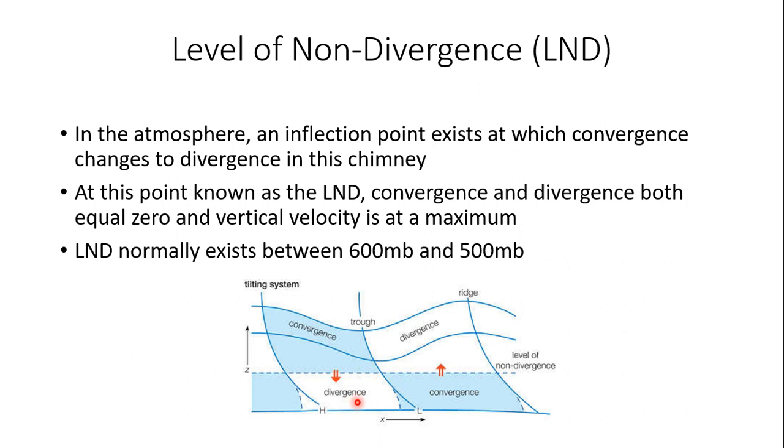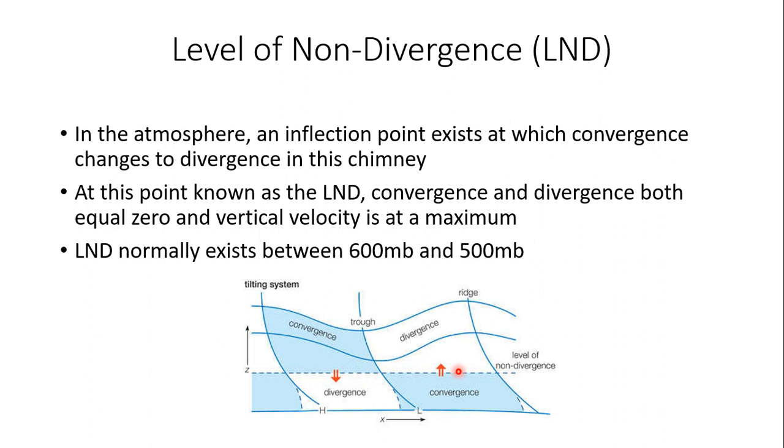But in general, if we look at the diagram here in the bottom, we have a case of surface high pressure, generally here on the left. Hopefully you can see the H there, the letter H, high pressure. And then there's a letter L in dark black letter here over in this location representing low pressure. So the level of non-divergence is this dashed horizontal line.